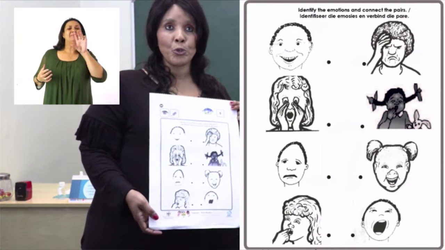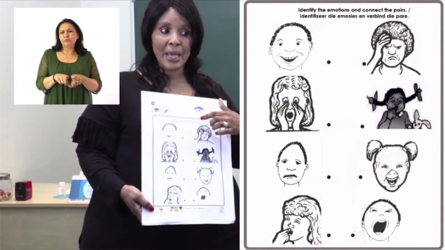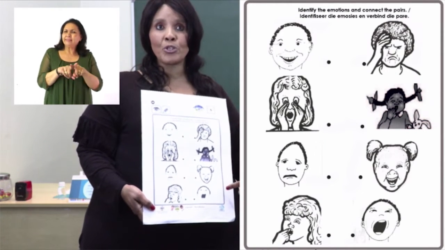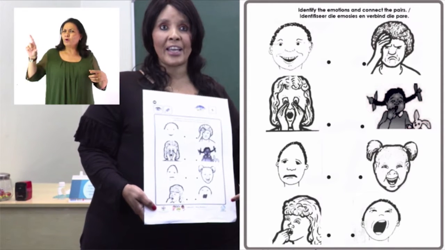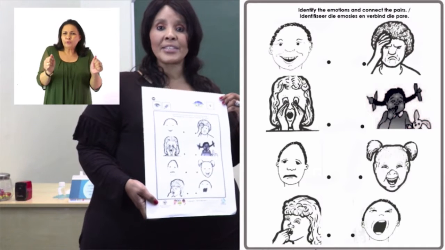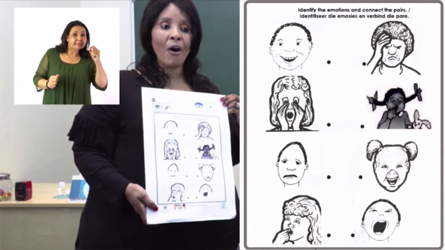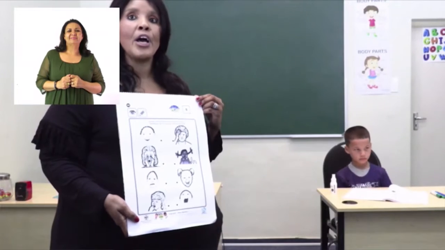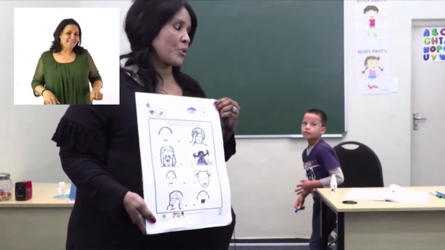So now what we have to do is we have to match the same emotions to the emotions on our left side. We have to do this together. I hope you are having your pencils and your crayons ready. Now I will invite our friend Noah to come and do this exercise with us.